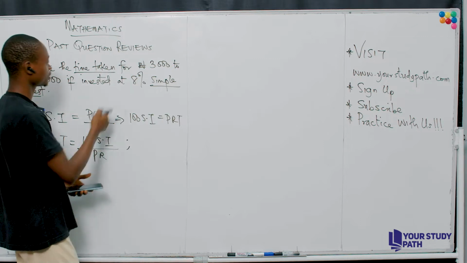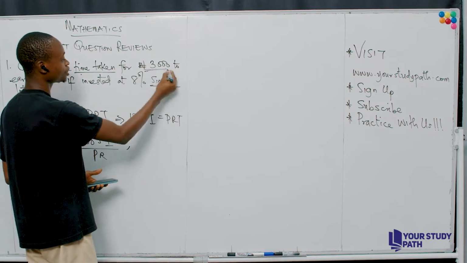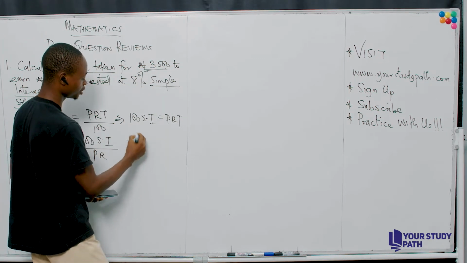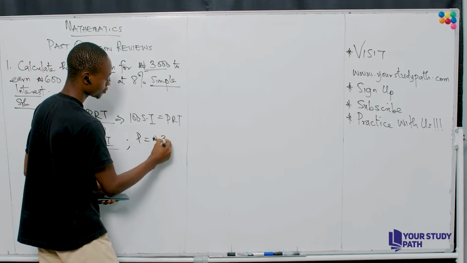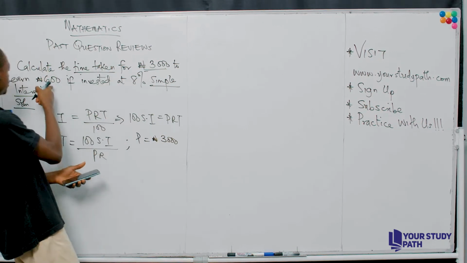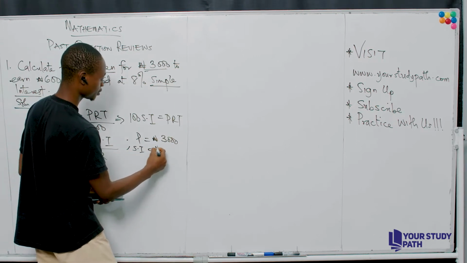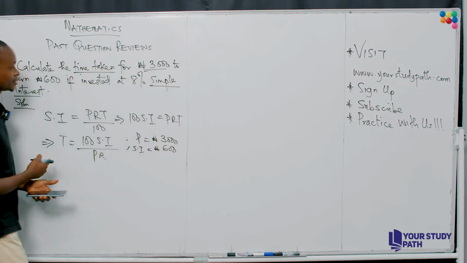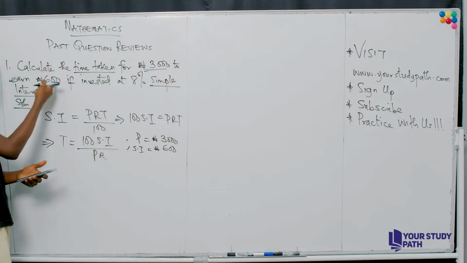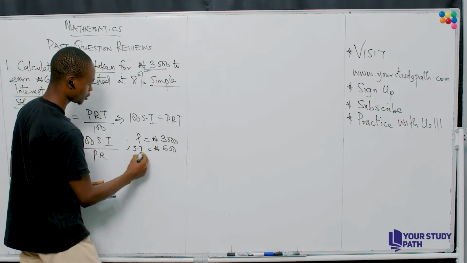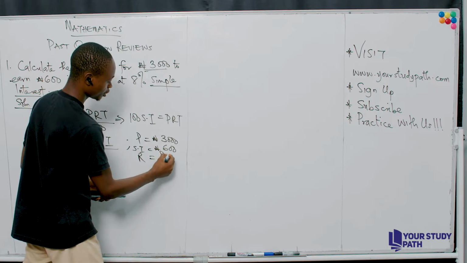This is the original capital invested, so that's the principal. Then this is what was earned, that is the simple interest. And then this is the rate at which this simple interest was earned, that is the rate, 8%.